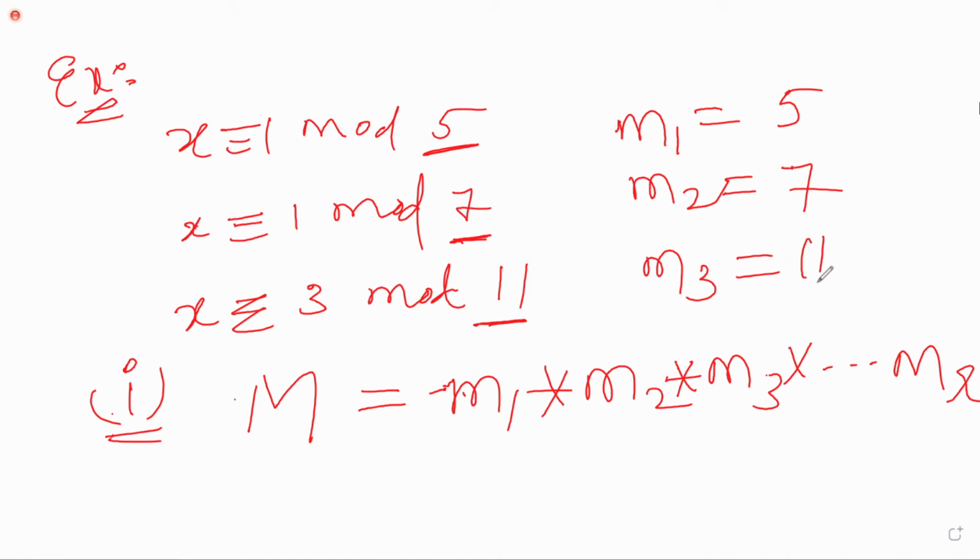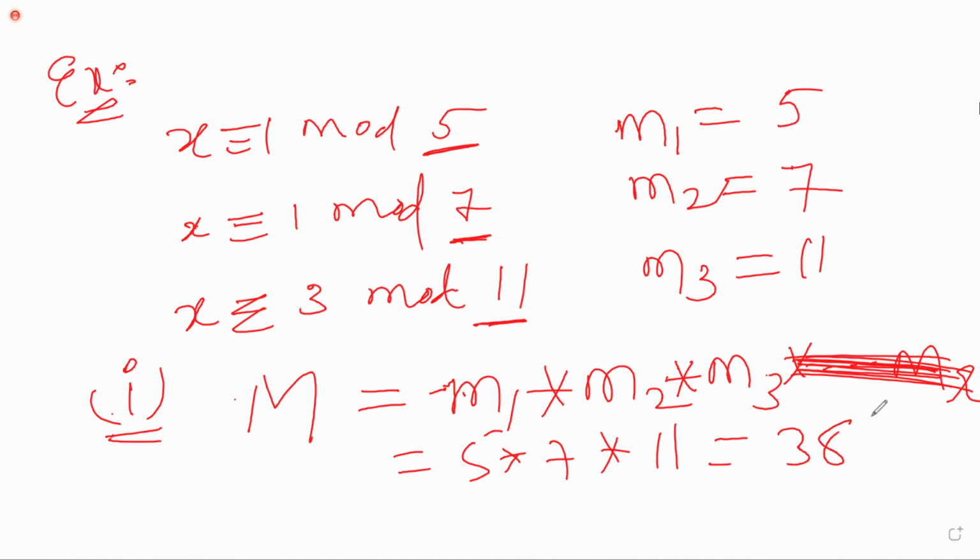So these are the given values. Here in this example, what is capital M? Capital M is m1 into m2 into m3, that is 5 into 7 into 11. What is the value? 385. Very good. Capital M is 385.